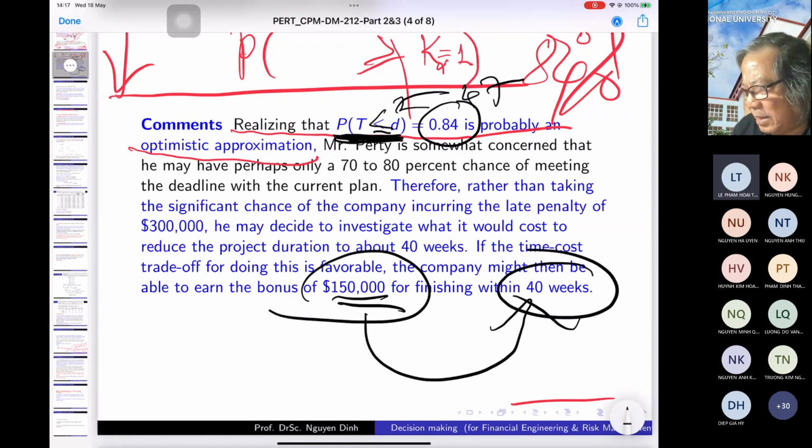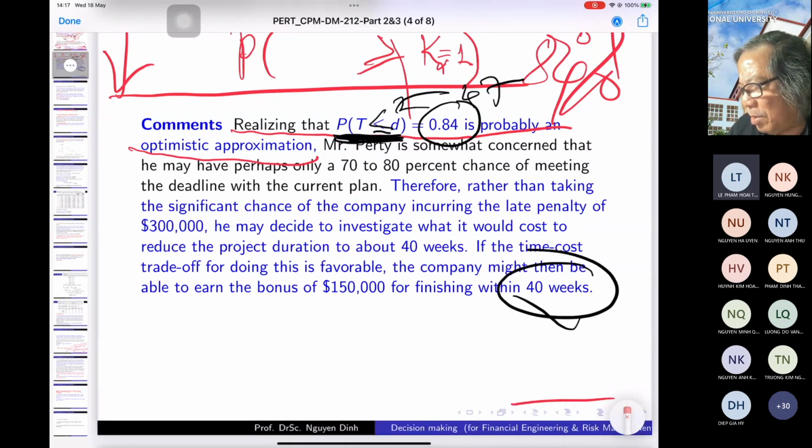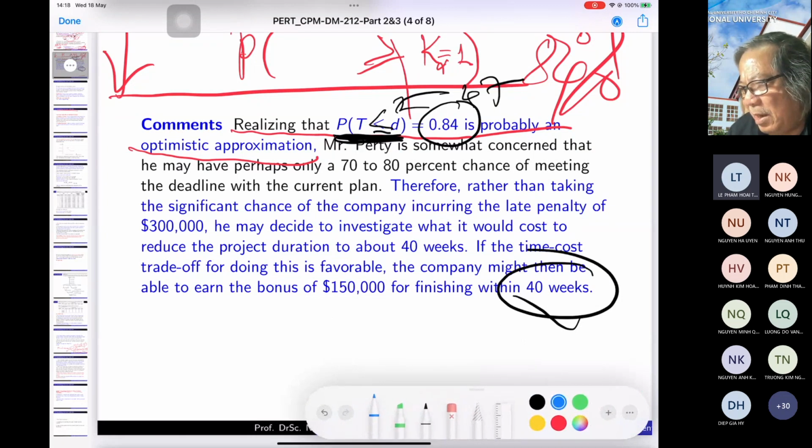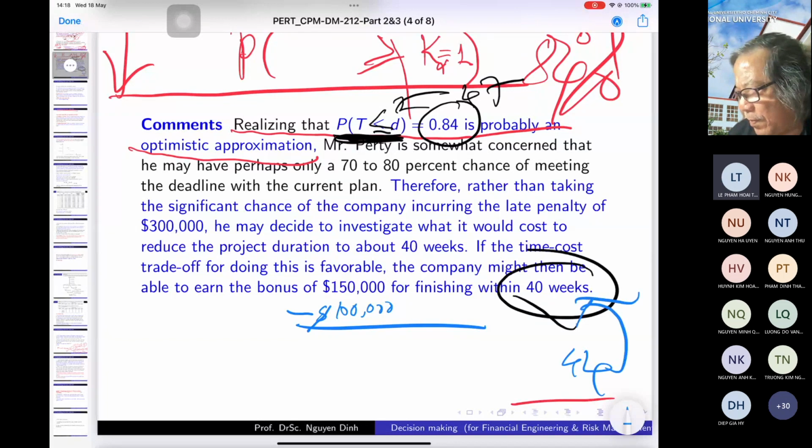You understand? And the money he gets after all, when he reduced to 40, of course, is not the whole 150, but minus the amount of money he spent to reduce the time. For example, he spent $100,000 to reduce 4 weeks from 44 to 40.